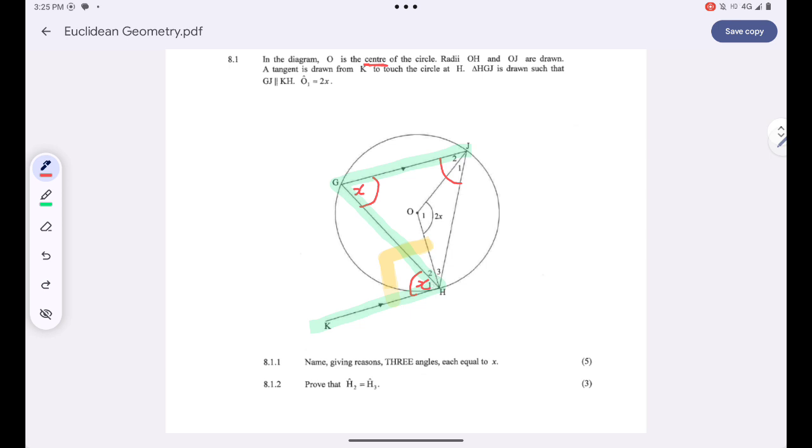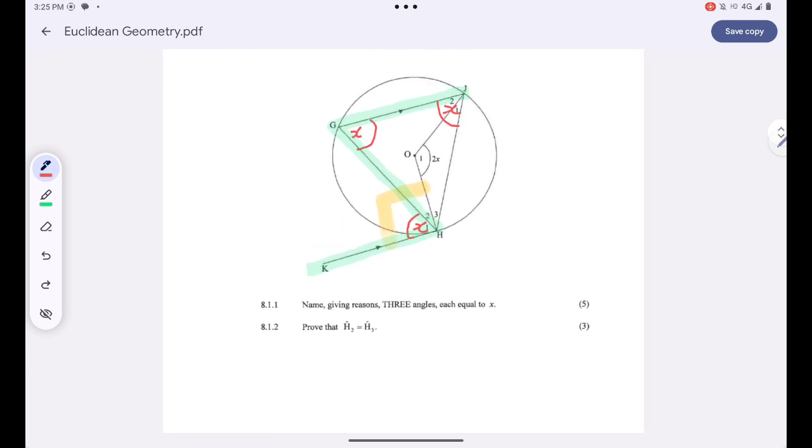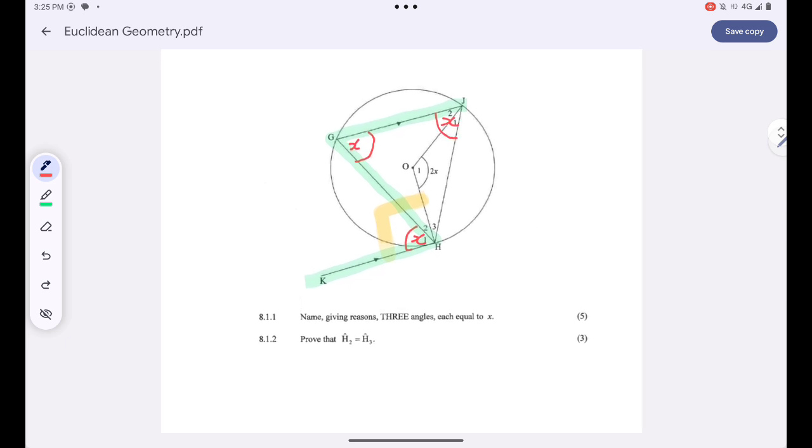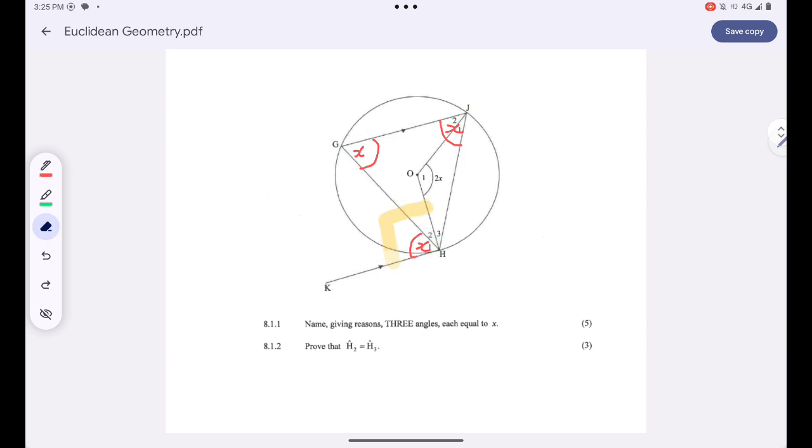Since H1 is also equal to x, that angle is equal to x as well. Now let's answer the questions. We have two questions, by the way. Name, giving reasons, 3 angles each equal to x. We've already written them.